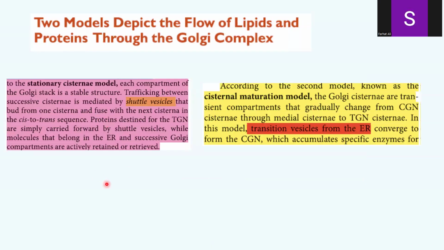So how do the proteins undergo all these modifications while they are moving through the Golgi? Well, there are two possible explanations, two models, for the modifications of the proteins as they go through the Golgi. The first model is the stationary cisternae model.